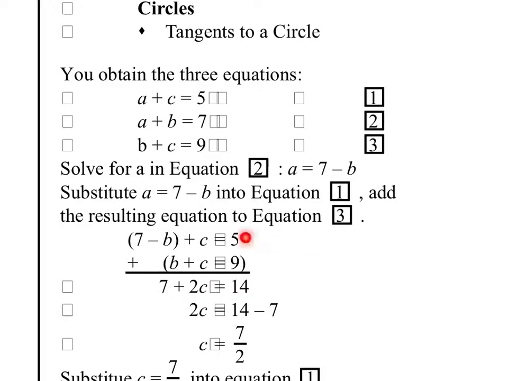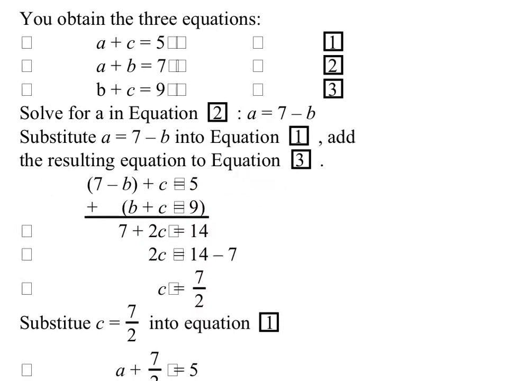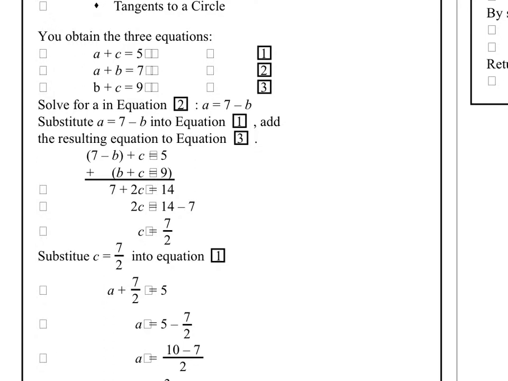So equation 2, and I can just do it off to the side, zoom out a little bit. In equation 2, they have A plus B equals 7.